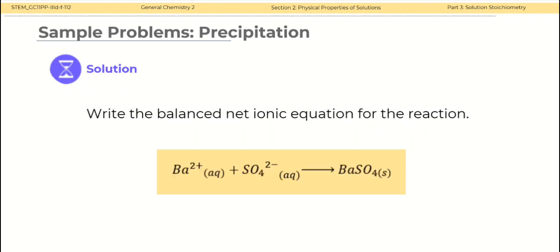The foremost step in solving the problem is writing the balanced chemical equation. For this problem, the net ionic equation suffices since only barium and sulfate ions are involved in the reaction. The equation is given by 1 mole aqueous barium ion plus 1 mole aqueous sulfate ion producing 1 mole barium sulfate precipitate.